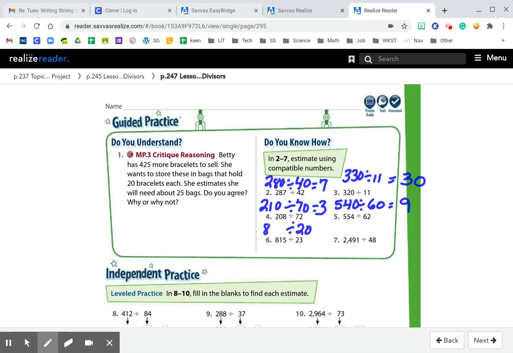And 800, I could bring it to 820, or you could bring it to 800. I'm using 820 because it is going to get me even closer. I know 2 goes into 8 4 times, and it goes into 1. 2 goes into 2 1 time. But if you do it this way, that's fine too.